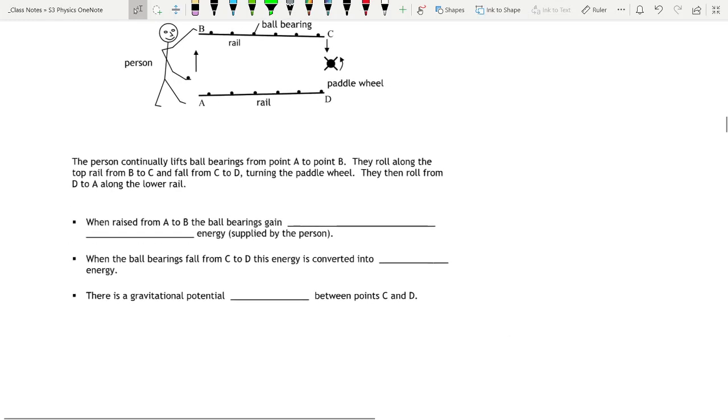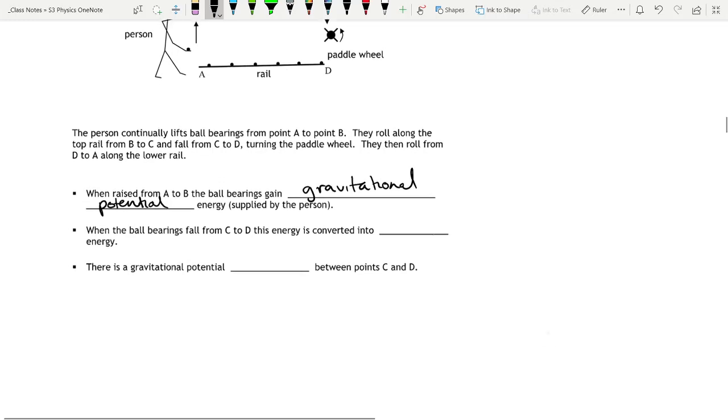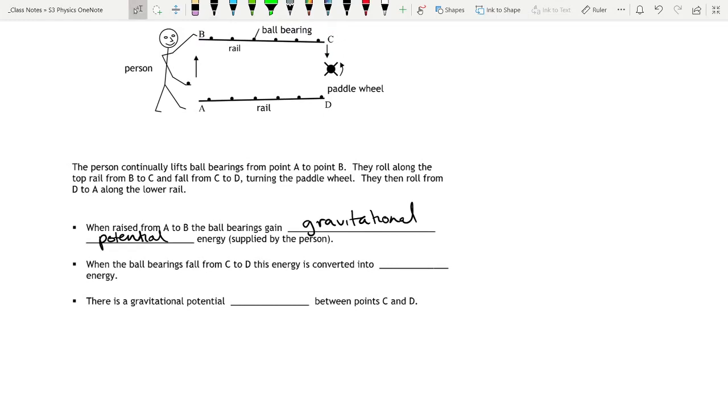So thinking about our energy changes, when raised from A to B, what energy do the balls gain when you lift something up? They gain gravitational potential energy when the person lifts ball bearings up. And when the ball bearings fall from C to D, through the paddle wheel, what is that gravitational potential energy changed into?